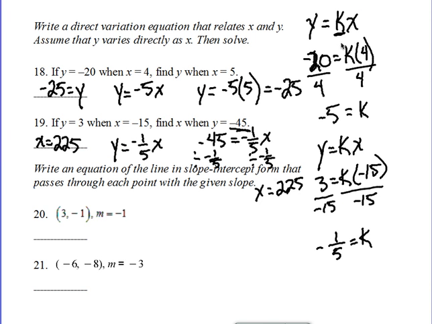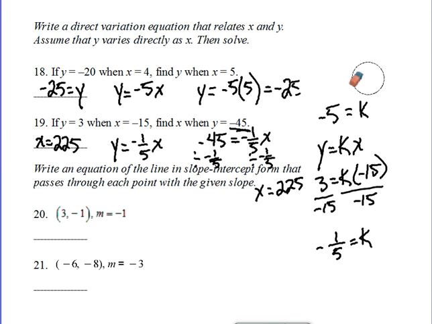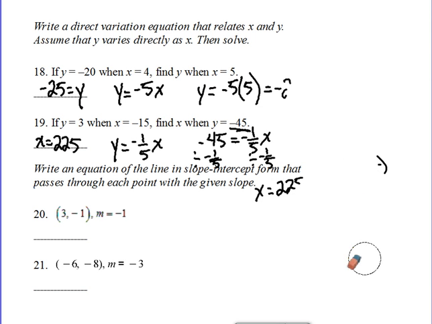Moving to the next problem. Write an equation of a line in slope-intercept form that passes through each point with the given slope. Well, we have to know that slope-intercept form is y equals mx plus b.